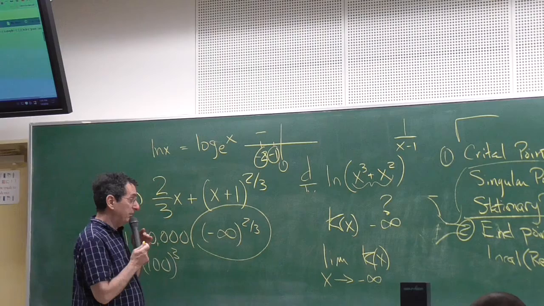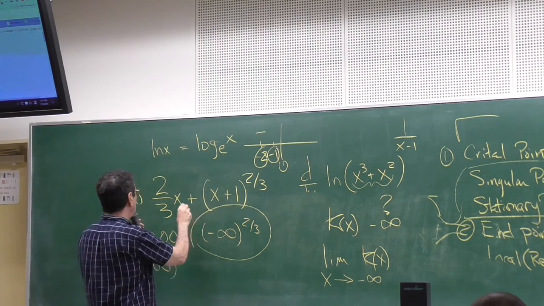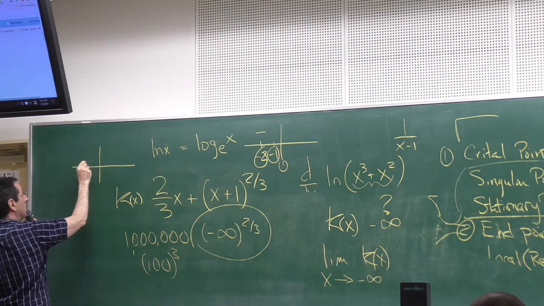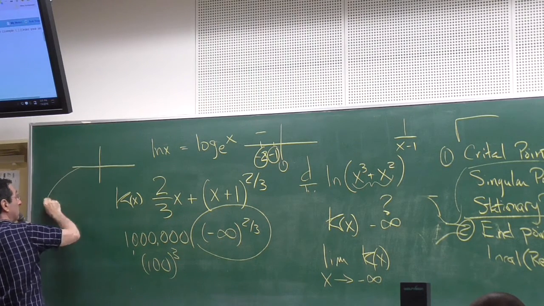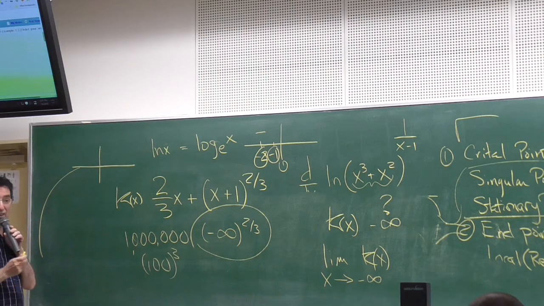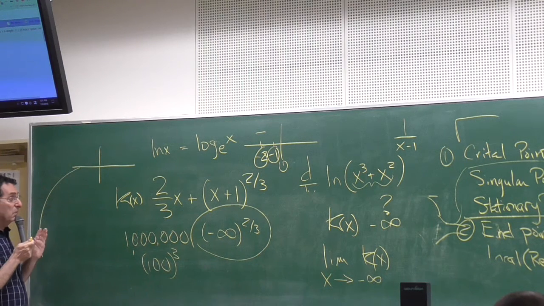So the height of this function, as x gets more and more negative, goes more and more negative. It's dropping down infinitely. So what did we find?